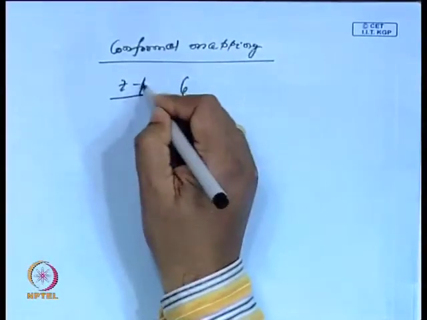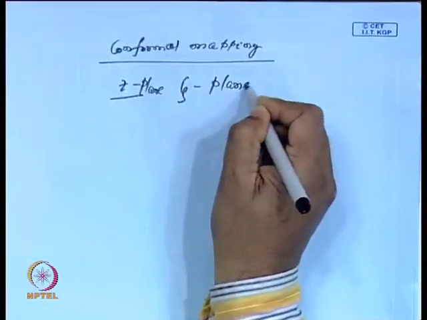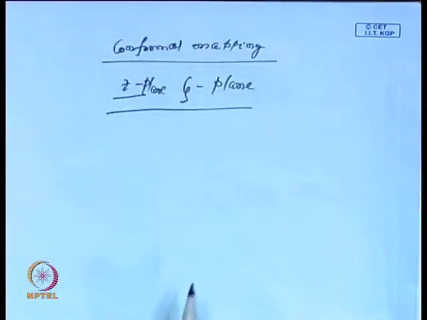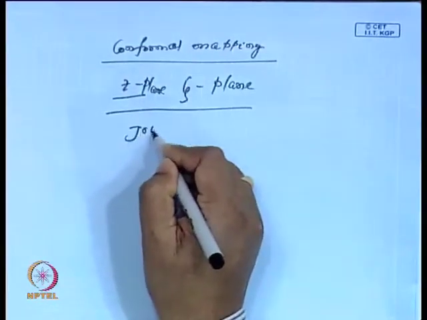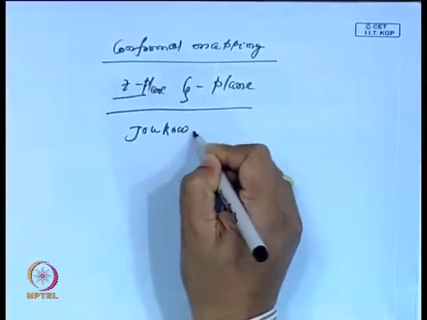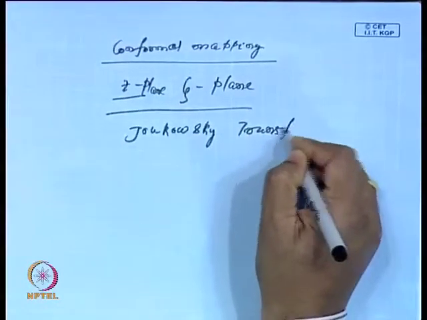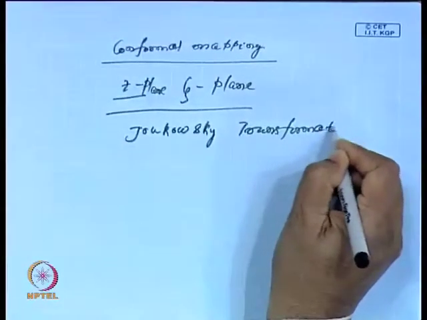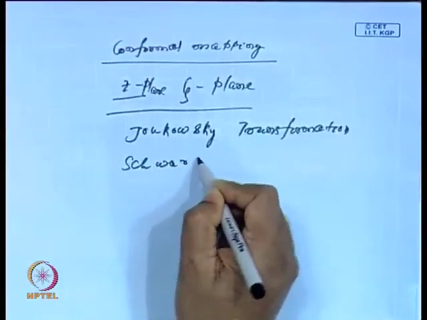There are two planes we have talked about here, the Z plane and the zeta plane, and some of the most important conformal mappings are the Joukowski transformation. Then we have talked about the Schwarz-Christoffel transformation.